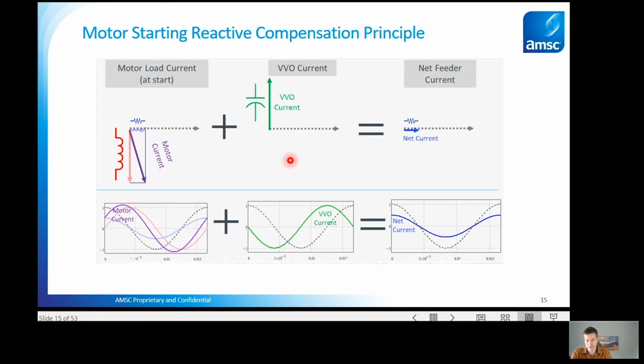What the VVO is going to do is automatically inject the offsetting amount of current, and again, it's fully automatic and fully precise. So if you have a 300 horsepower motor or a 500 horsepower motor at a site, that VVO is going to automatically determine the right amount of capacitive reactive power to fully offset those inrush events.